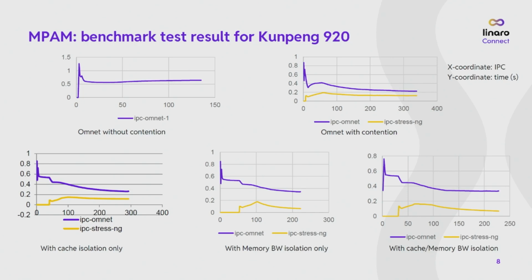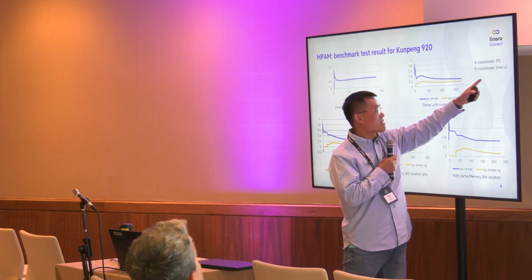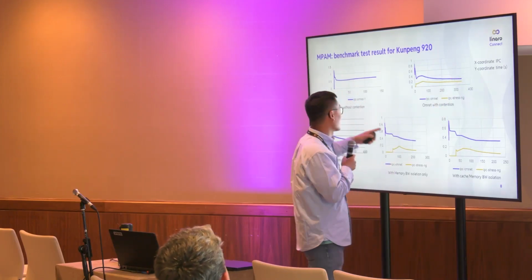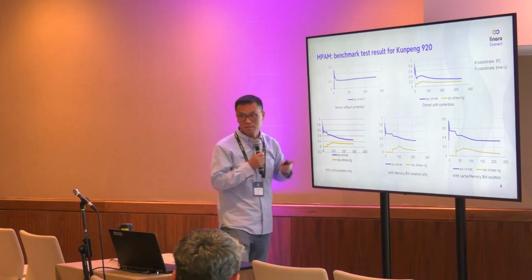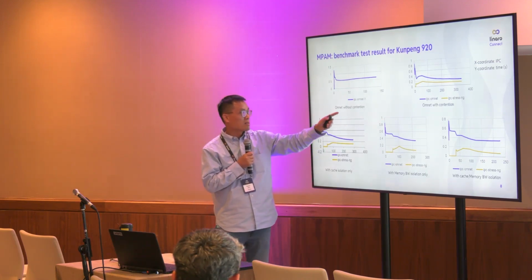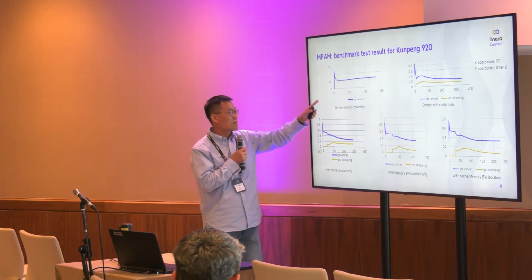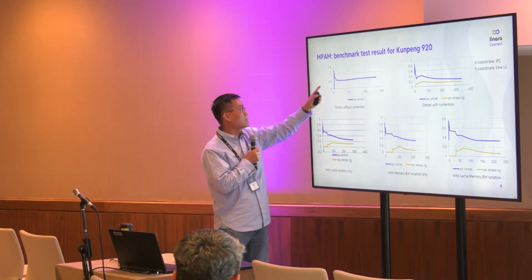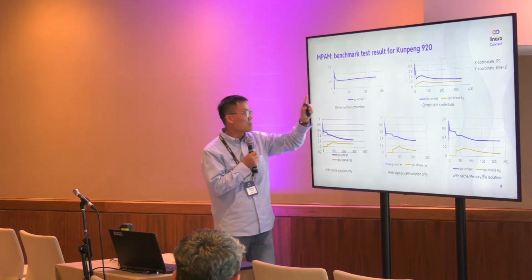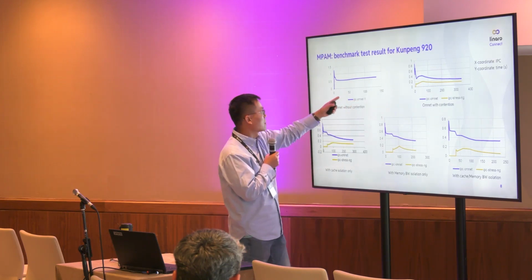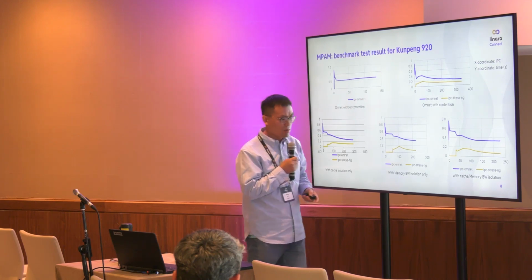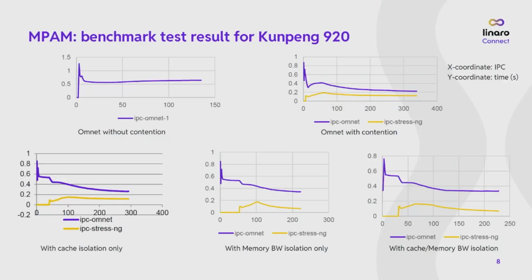Actually, the x coordinate means the time while we are running, and the y coordinate is the instructions per cycle. So we're running omnetpp without contention. We can see that the instructions per cycle is about 0.5, and the time to finish the test is about 150 seconds.